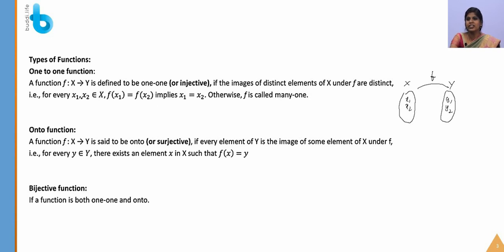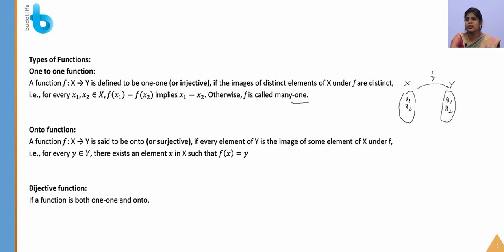For every x1, x2 in X, we have the images f(x1) and f(x2). f(x1) equal to f(x2) implies that x1 equal to x2. On simple terms, every element in the domain will have a distinct image in Y. Otherwise it is called many-to-one.